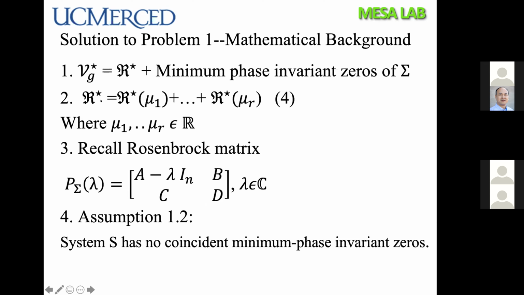And for the R A star, we give the formulation and how to calculate it, and recall the Rosenbrock matrix. The Rosenbrock matrix looks like this one, and it helps to transfer from the state space to the transfer functions. And we also get the assumption 1.2, which is system sigma has no coincident minimum phase invariant zeros.